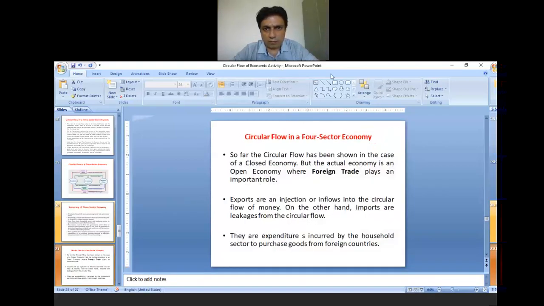The circular flow in a four sector economy. The circular flow has been shown in the case of a closed economy up till now. The three sector economy is also called a closed economy, but the actual economy is an open economy, where foreign trade plays an important role. When we include foreign trade in the economy, it becomes an open economy.